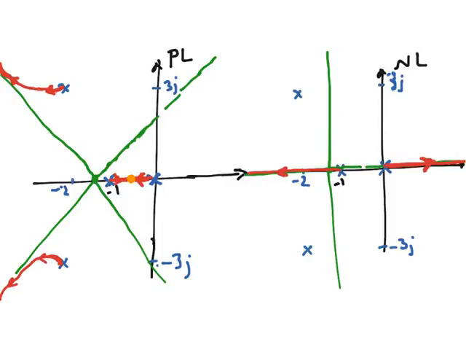The other two branches coming from the pole at origin and the pole at -1 will meet each other at the breakaway point, and then they will start to go towards infinity along these asymptotes.